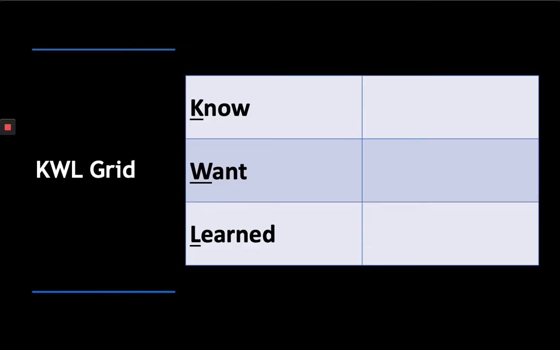So I'd like to explore some activities that you can use in class to make prior knowledge visible. The first of these is a KWL grid. These are often quite good at the start of a topic, for example, or a series of lessons on something. You ask students to brainstorm what they already know about the subject and to write it down.